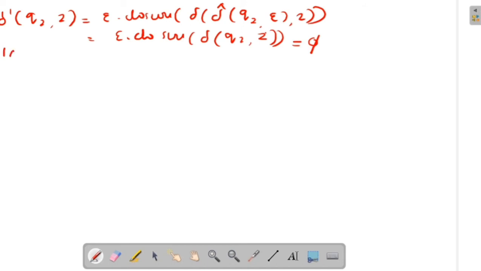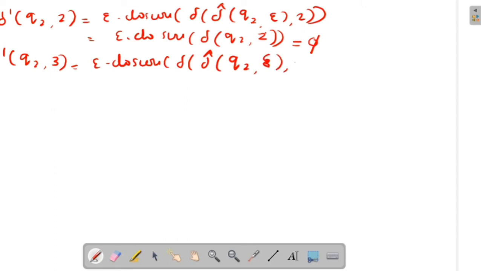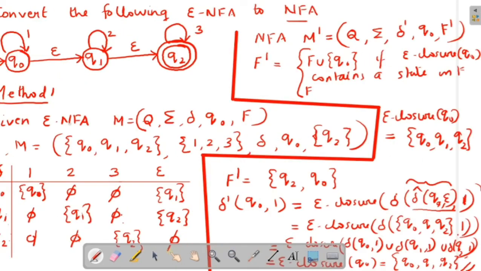Then what is delta dash of Q2 comma 3? That is equal to epsilon closure of delta cap of Q2 comma epsilon comma 3. So that is epsilon closure of delta of Q2 comma 3. What is delta of Q2 comma 3? Delta of Q2 comma 3 is equal to Q2.